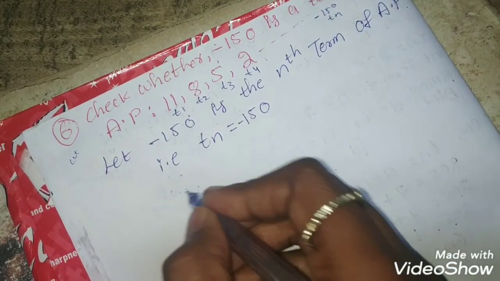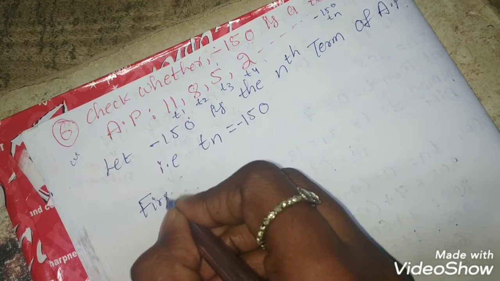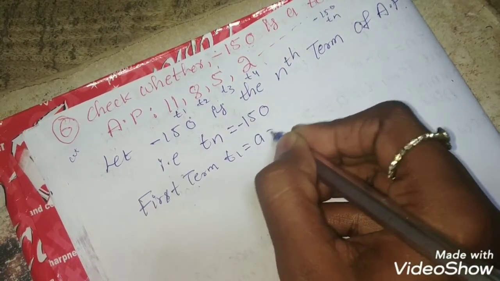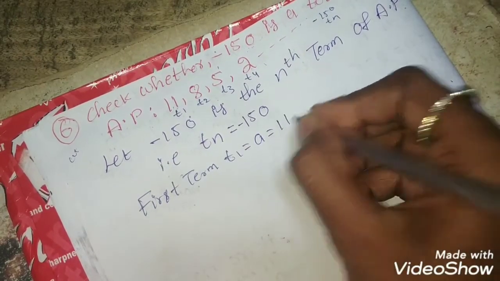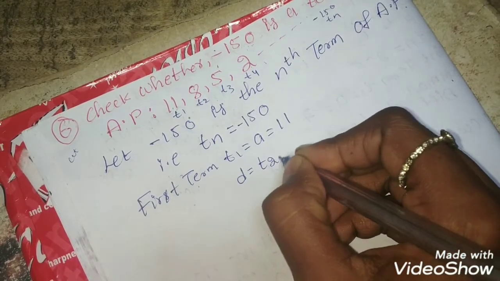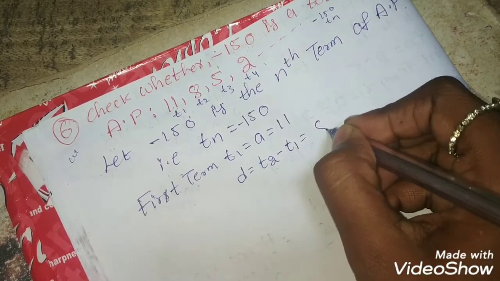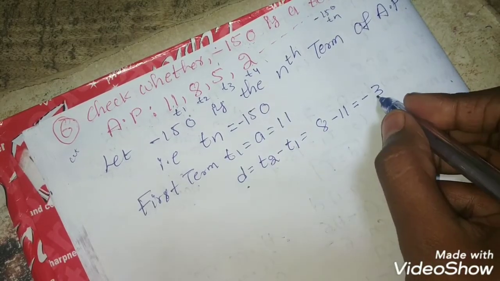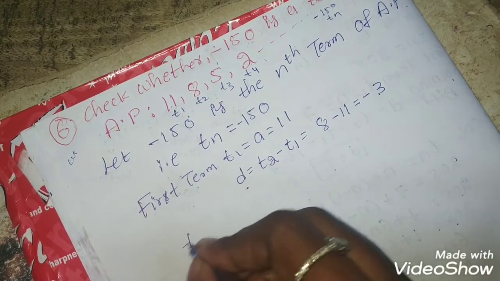Just I am taking this as term n. Okay. What is the first term here? First term T1 is equal to a, which is 11. And we need to find the common difference. d is equal to T2 minus T1, that is 8 minus 11, which is minus 3. Our d is minus 3. So what is the term n?